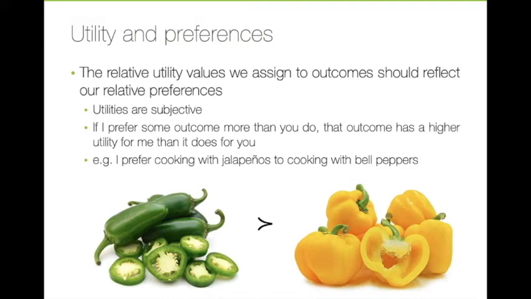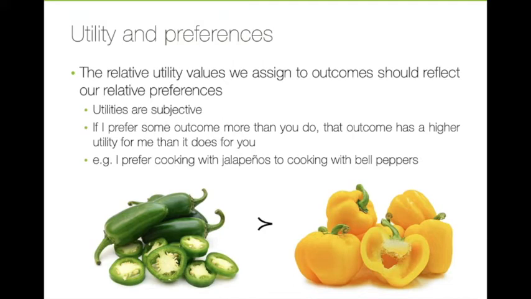So if I prefer some outcome more than you do, that outcome has a higher utility for me than it does for you. Let's say I prefer cooking with jalapenos over cooking with bell peppers. Then cooking with jalapenos should have a higher utility for me than cooking with bell peppers. And if you don't like jalapenos, then your utility for cooking with jalapenos should be lower than my utility for cooking with jalapenos.